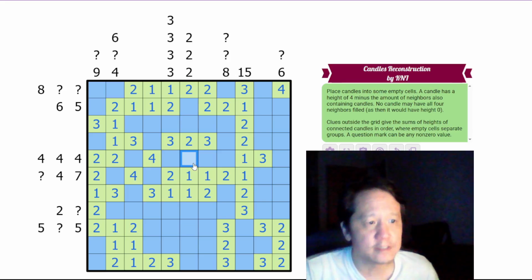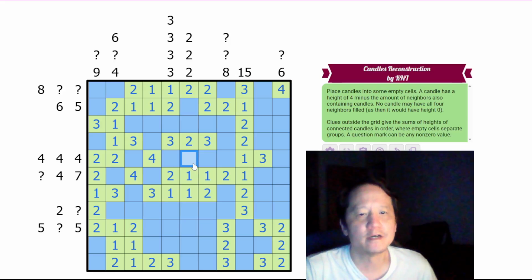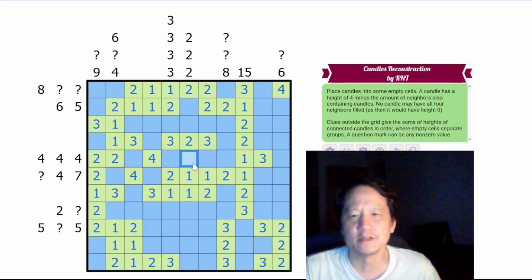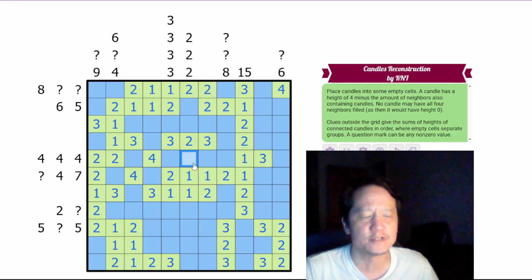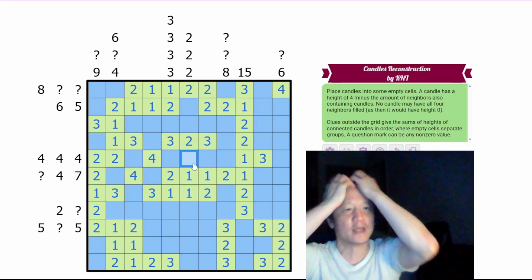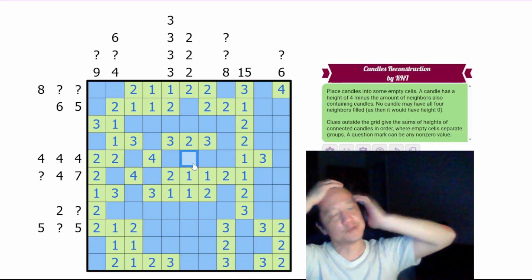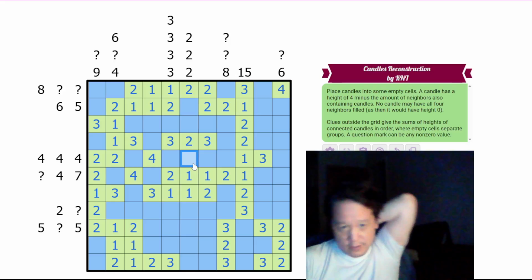And that's the solution. Yeah, hard seems about right. I was kind of curious how this would work because I've never seen this type of candle puzzle before. It's interesting the interactions that you have between them. And the Japanese sum definitely helps you out in limiting certain aspects.